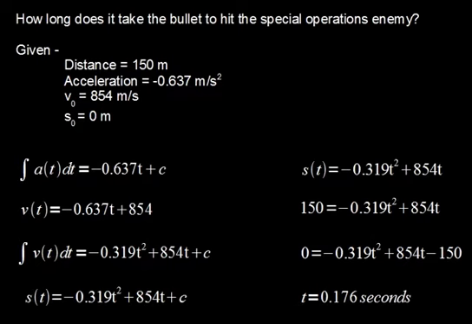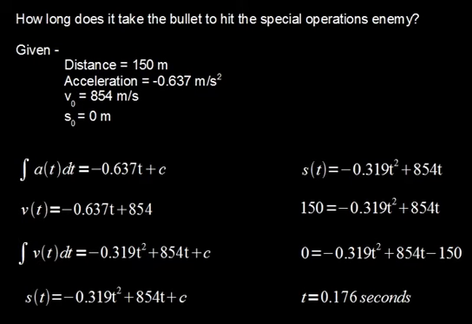Then we take the integral of v of t dt, which is equal to negative 0.319 t squared plus 854t plus c. In this case, c is equal to s naught, which is equal to 0 meters. So s of t is equal to negative 0.319 t squared plus 854t.